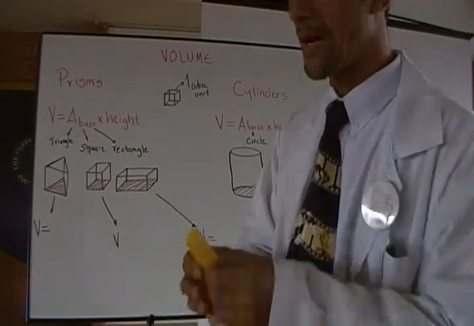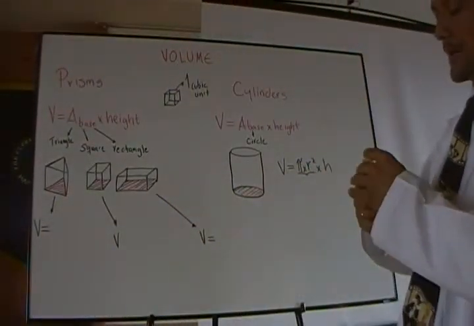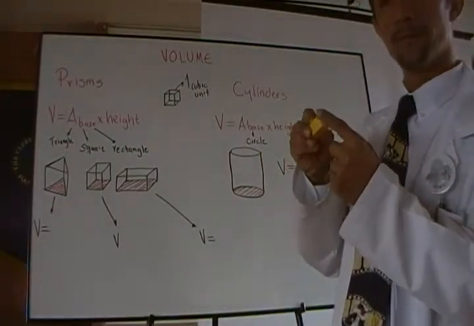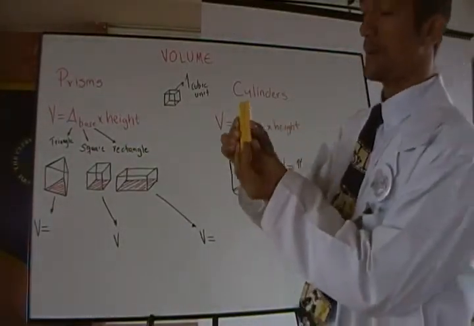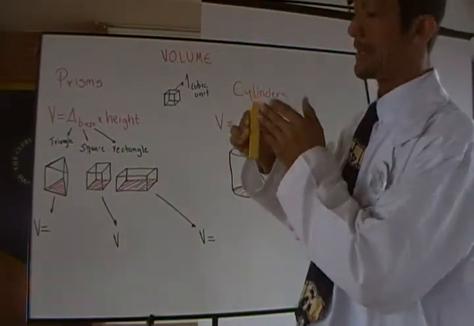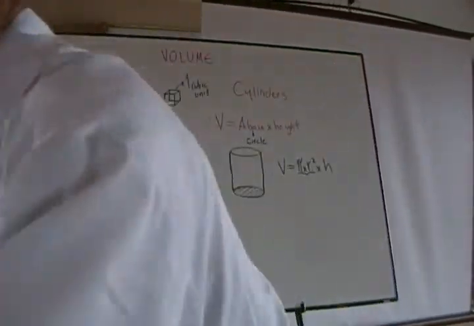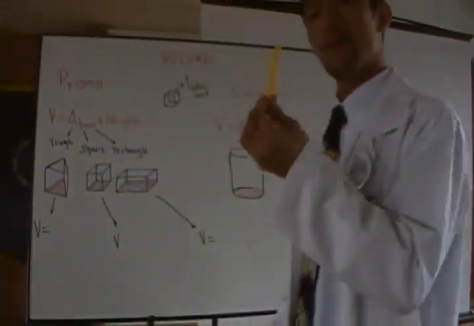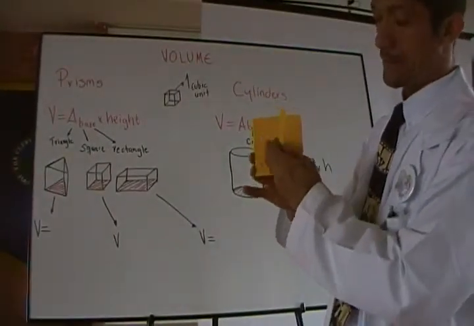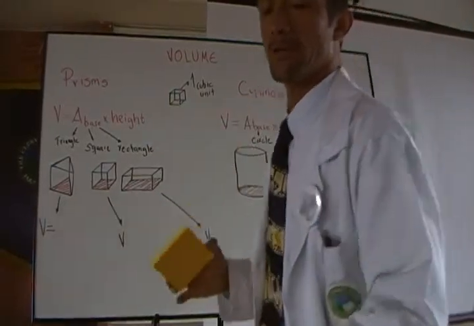In this case, I'll make a more complex figure, but still it'll be a prism. The base is going to be 4 square centimeters times the height. It'll be 4 times 10, 40 cubic centimeters. If I continue stacking 10 of these together, I will have 10 times 10, so here in this case I will have 100 cubic centimeters.